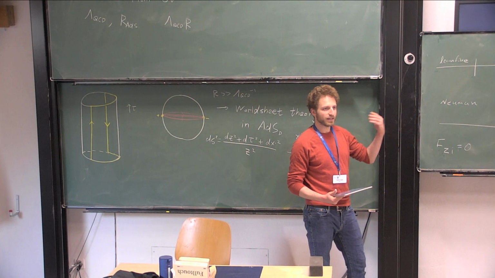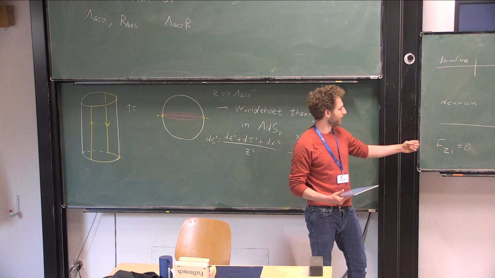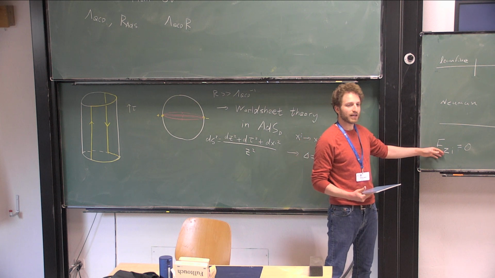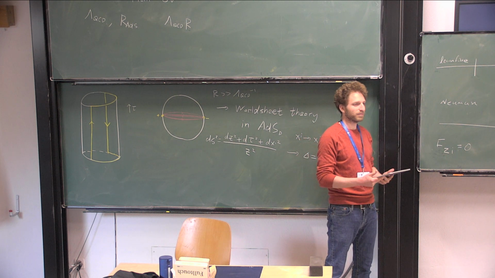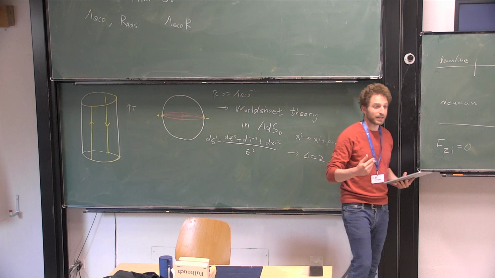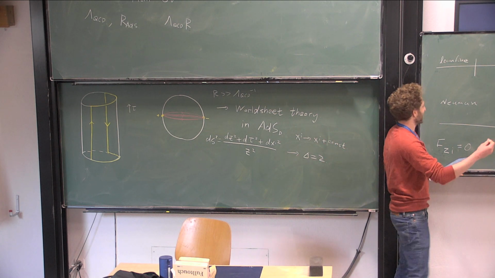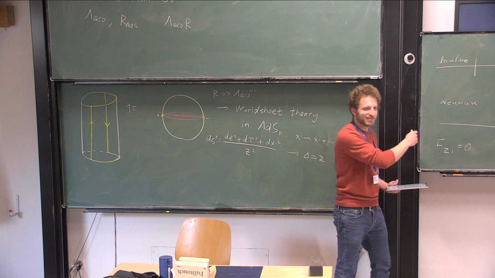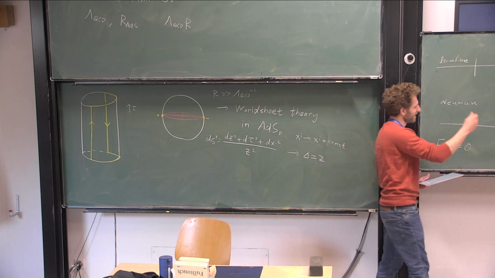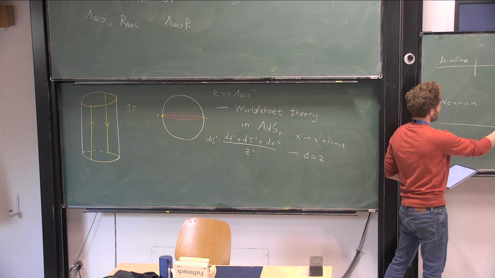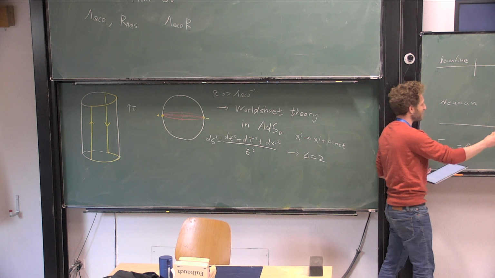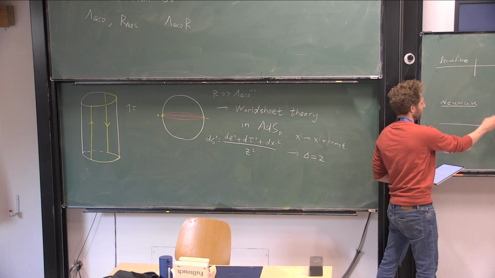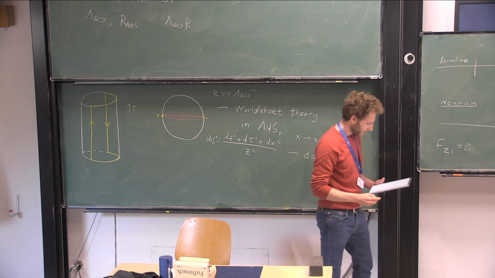So that's intuitively already a reason to believe that when the description is weakly coupled, you're going to get some description in terms of singlets. In other words, there is an expectation that for Neumann boundary conditions, there will not be a phase transition when you go to small radius.